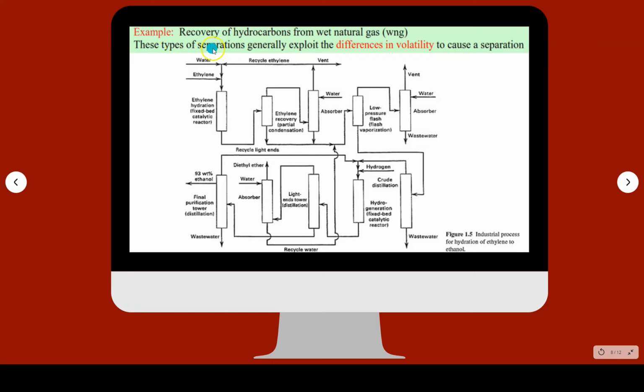This type of separation generally exploits the difference in volatility to cause a separation. It uses the volatility, meaning that the components that will vaporize, or are volatile, will be separated. So you can see there are many columns to separate from the raw material, which is ethylene. So this is the block flow diagram.